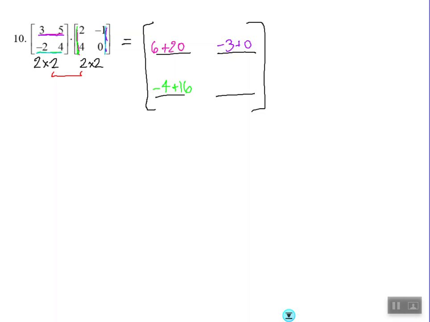Negative 2 times negative 1 is 2, plus 4 times 0 is 0. Then I can just simplify these, and I end up with 26, negative 3, 12, and 2. And that is our product.